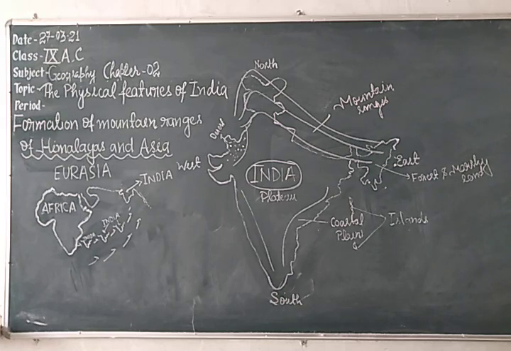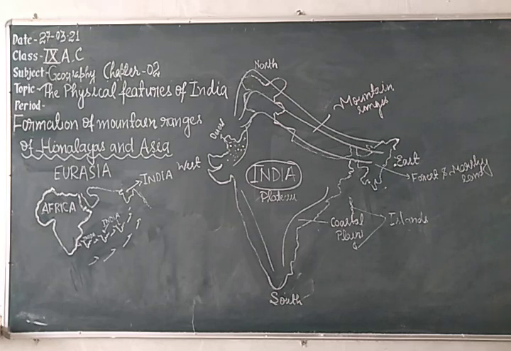That's why many earth scientists have given different kinds of theories related to the plates and their movement, and a very famous theory is given by Alfred Wegener, that is the theory of plate tectonics.